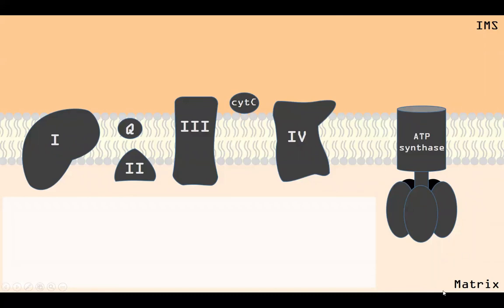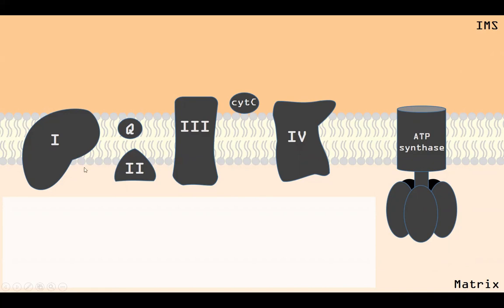Here is the matrix of the mitochondria, that inside central space. Here is the intermembrane space, and somewhere even further up, not pictured, would be your outer membrane. So that's where we're hanging out, in that cristae infolding area.